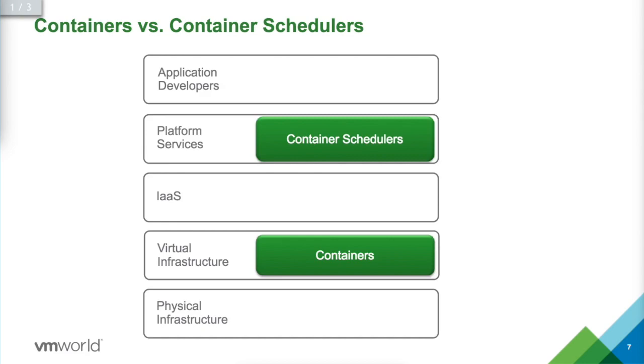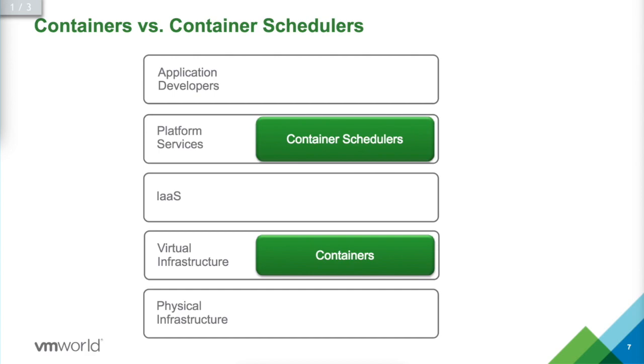As we can see on the slide, containers and container schedulers operate at different levels on the enterprise IT stack. Container technology like Docker or Rocket from CoreOS operate at the virtual infrastructure layer, and more precisely inside a VM, a virtual machine.